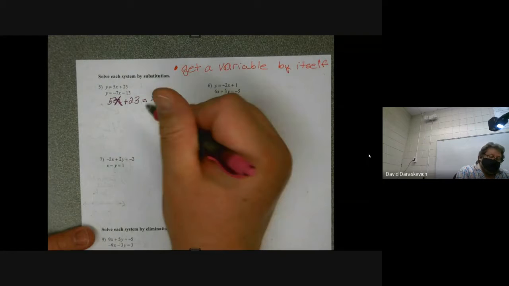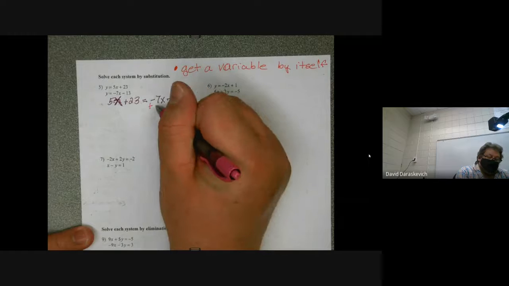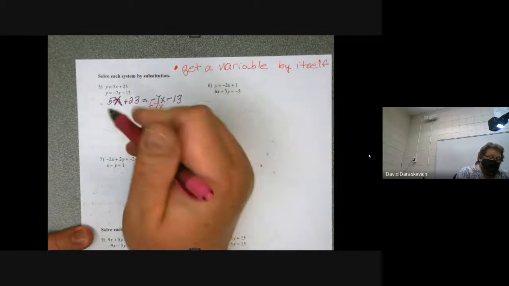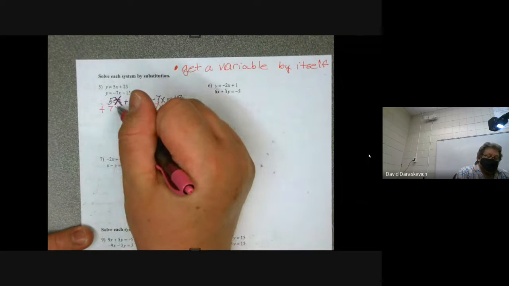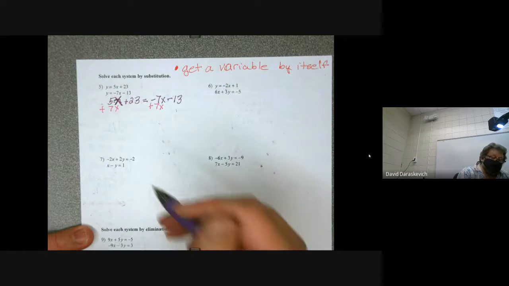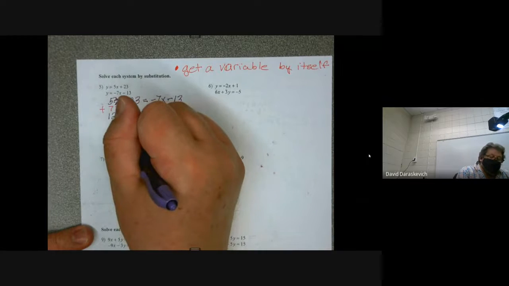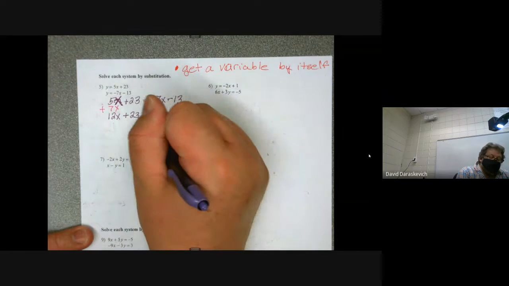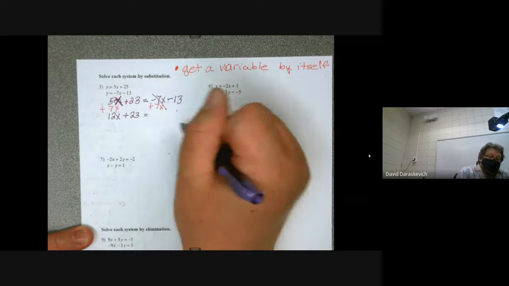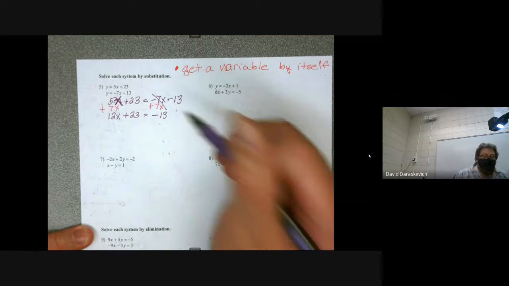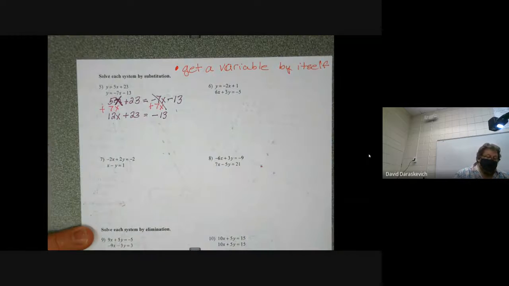Okay, I like keeping my variables positive. I'm gonna add 7x to both sides. 12x plus 23 equals -13. Subtract 23.